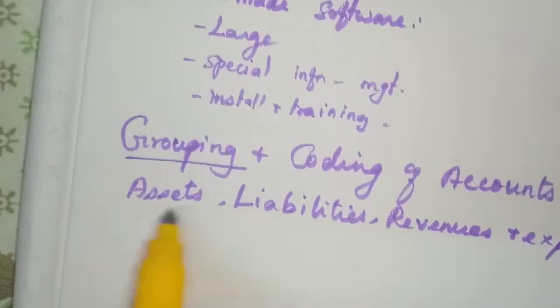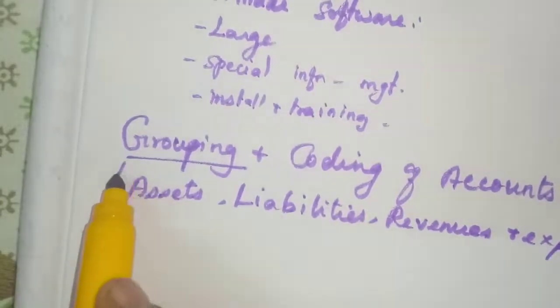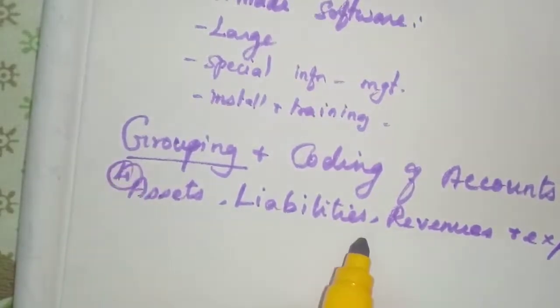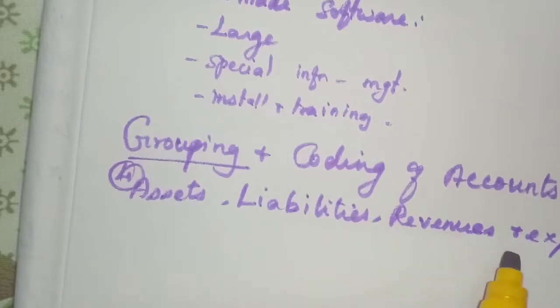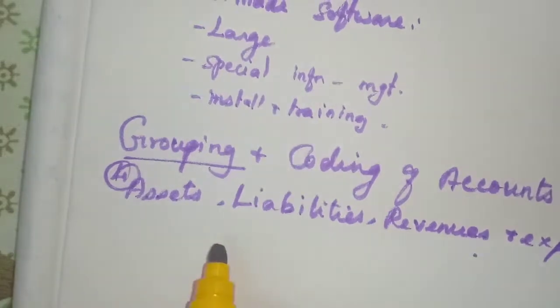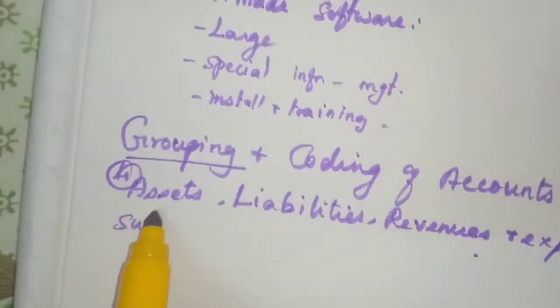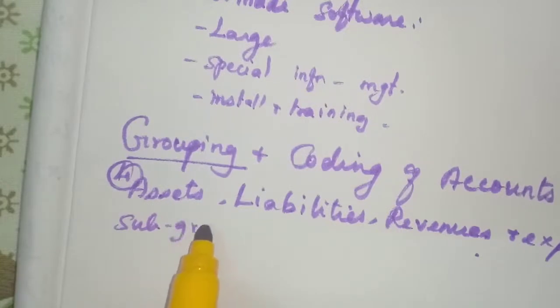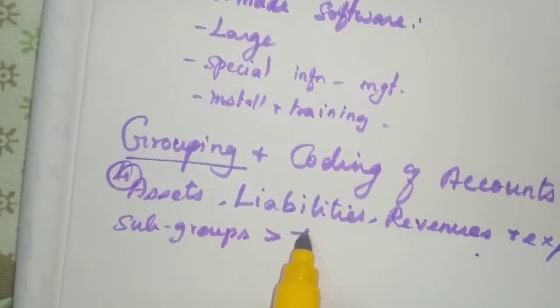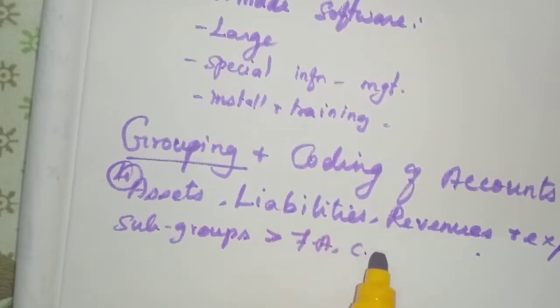So totally there are four main groups: assets, liabilities, revenues and expenses. Then some subgroups are also available. For example, if we say assets, we will say fixed asset, current asset, isn't it?